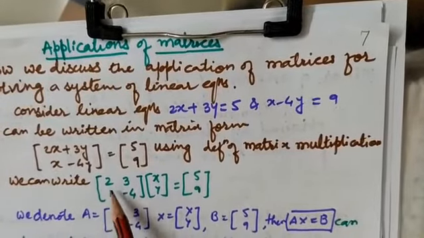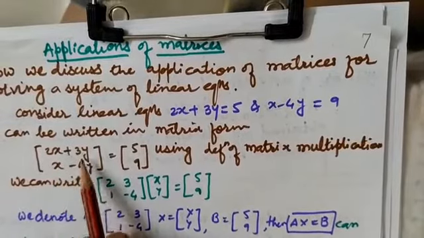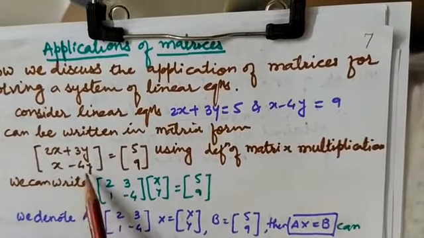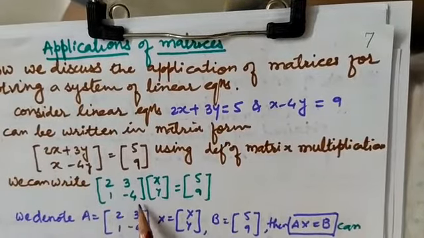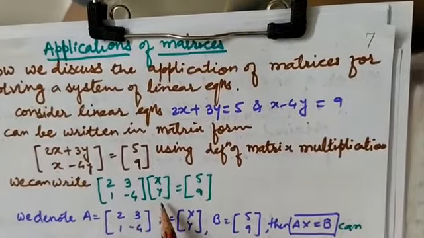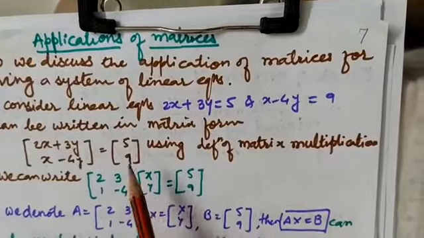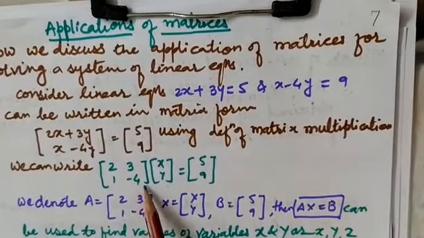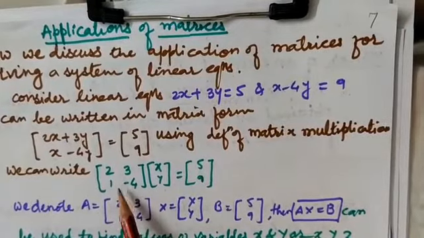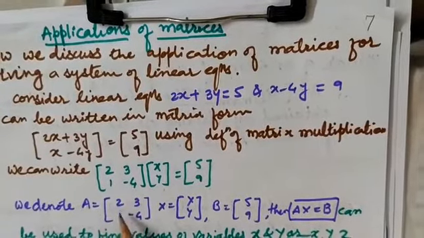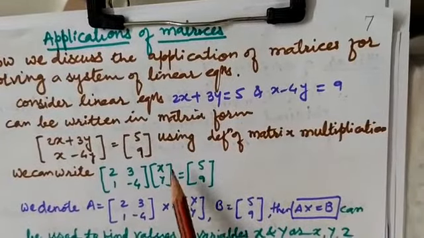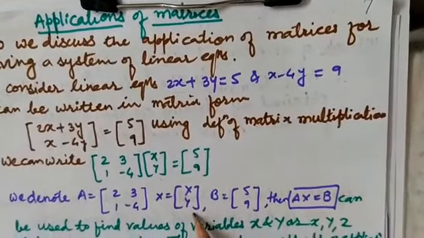You know very well, this is the coefficient of x and coefficient of y, that is 2, 3, and then 1, minus 4, multiplied by x, y, which is equal to 5, 9. We denote the first matrix, 2, 3, 1, minus 4, by A, and x, y is the variable matrix.